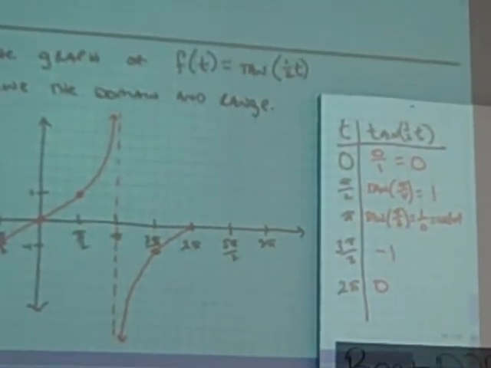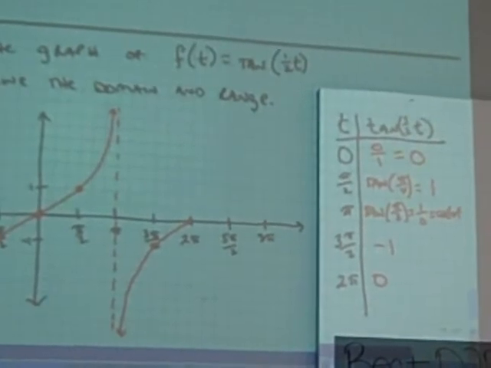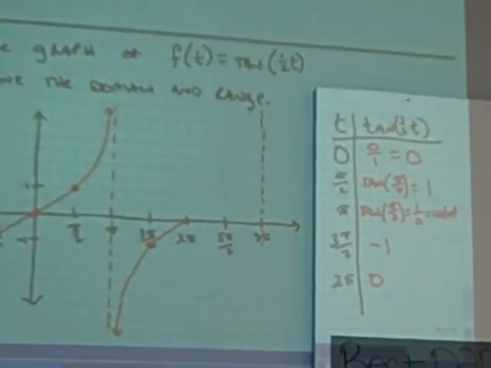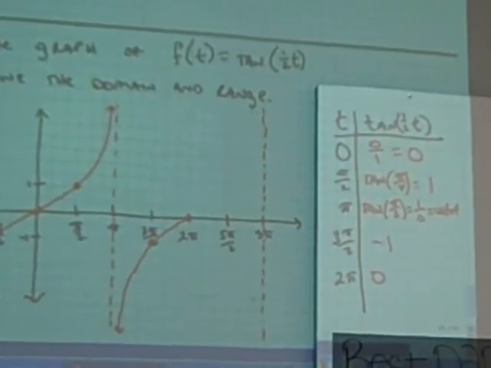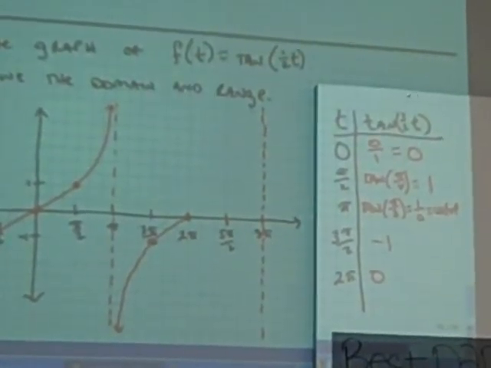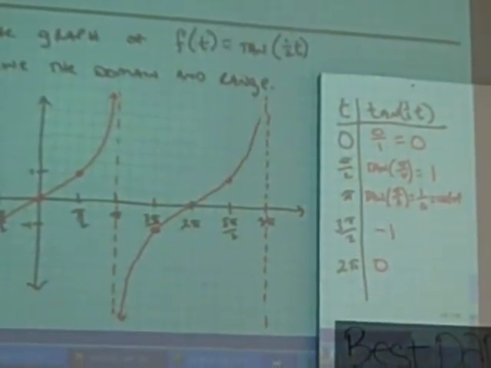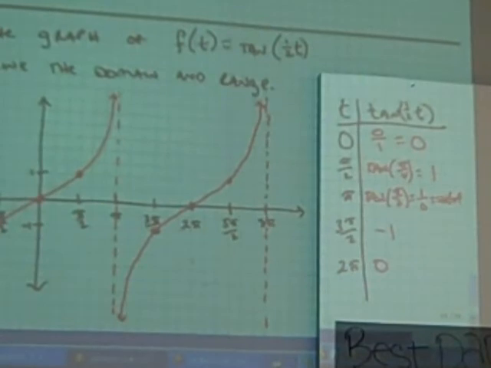What happens at 3 pi? It's an asymptote, right? What happens at 5 pi over 2? It's positive 1. What about going the other way? What happens at negative 3 pi over 2?